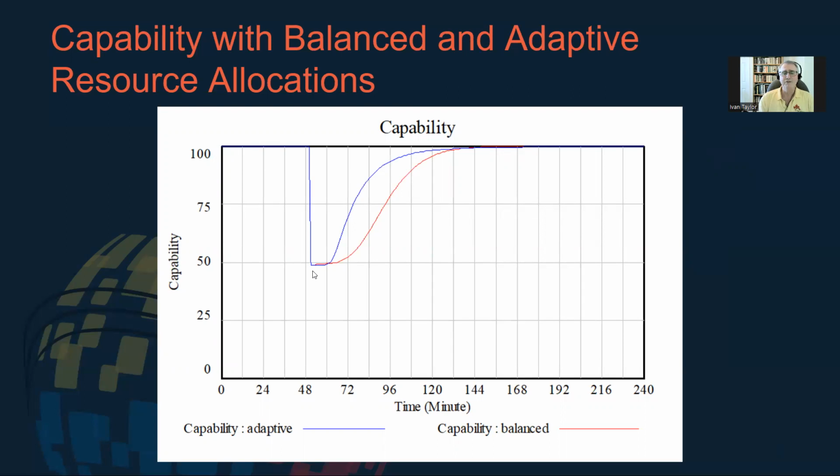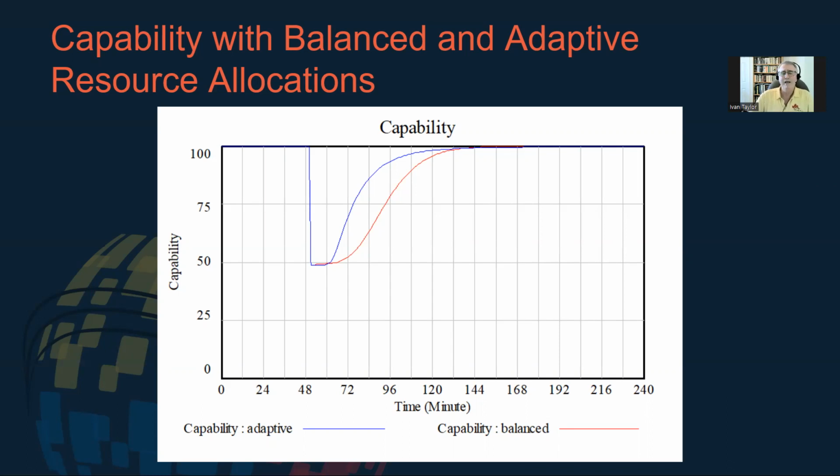And then we have two scenarios that we looked at, a balanced scenario in red and an adaptive scenario in blue. And we can see how the recovery occurs over time. Notice that the full recovery to 100% capability occurs at about time 144.